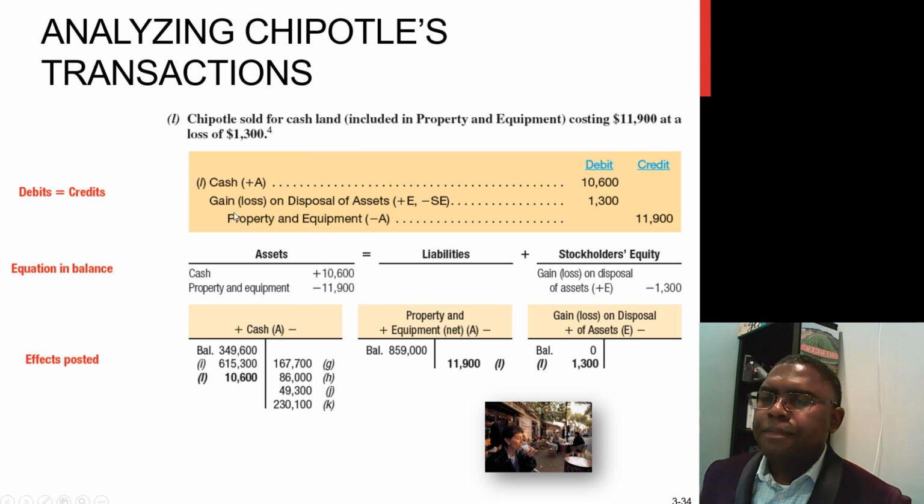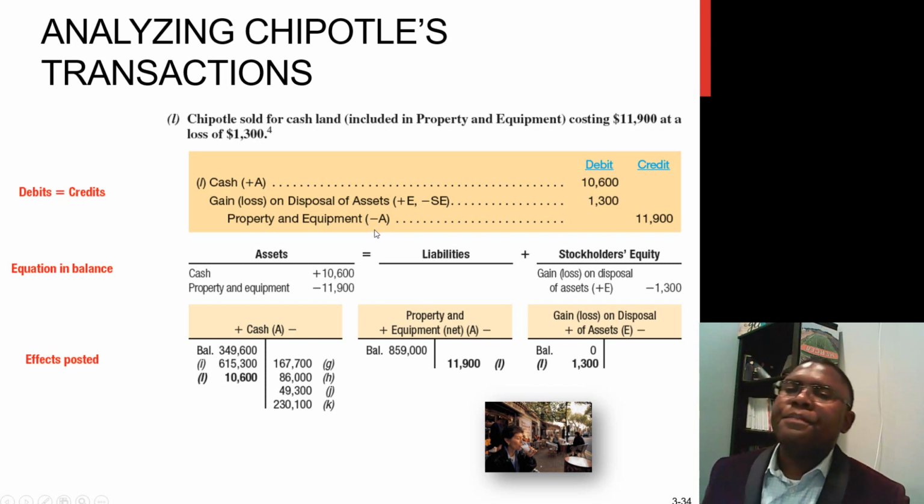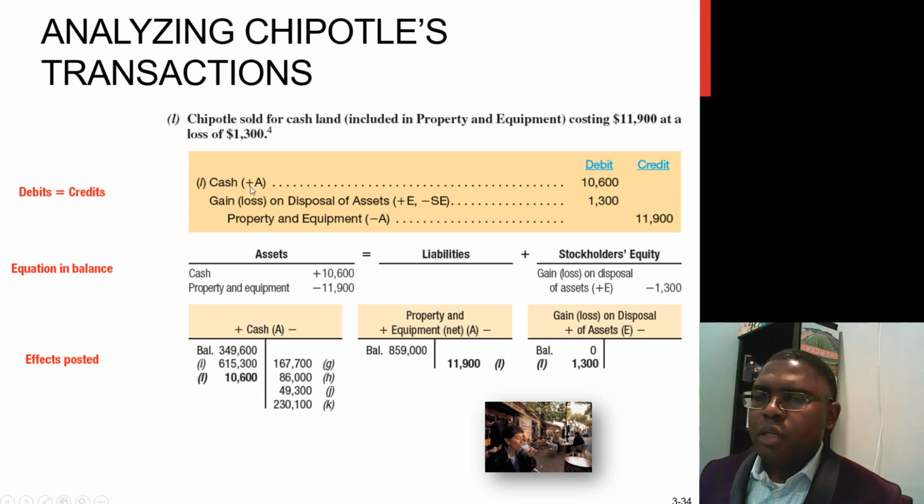Then there is a loss, which is an expense. It's costing the company. Loss on disposition of assets is an expense that needs to be recognized because they make a loss of 1,300. And then of course there is property and equipment, which is the land, which is an asset, but that is going out because they sold the land. So this is how we recognize this transaction.